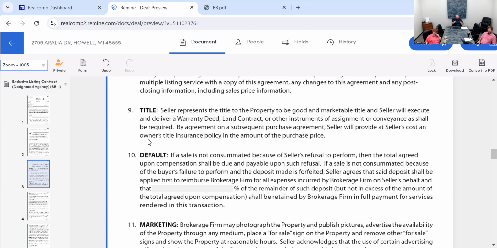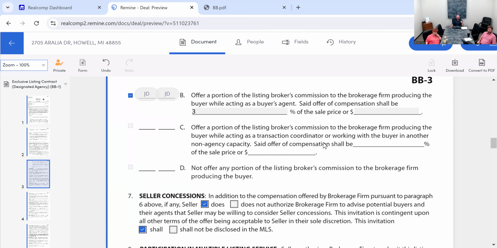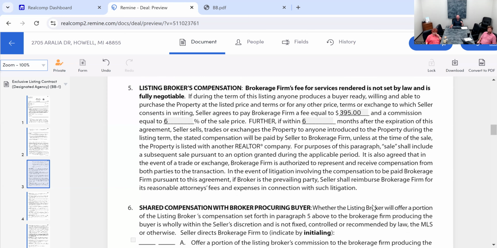And if they have knowledge that there is a problem with their title, they're in a way kind of committing fraud by signing this contract if they don't actually believe to have a good and marketable title. If they are aware that they're going to run into title problems, they should not be signing a contract to list their house for sale because they don't meet the whole thing with a ready, willing, and able buyer up here.